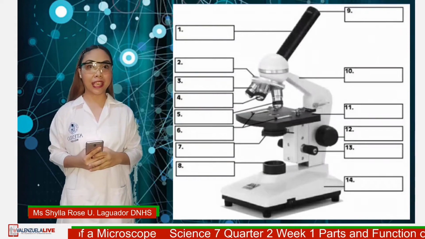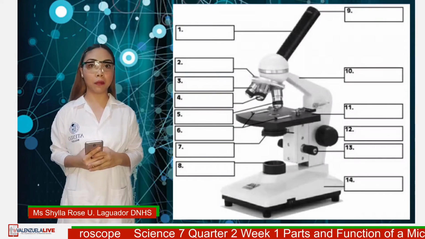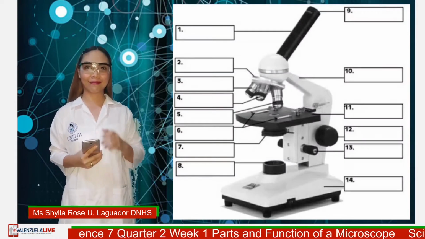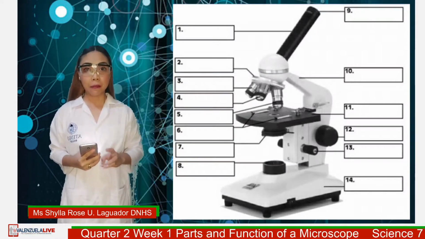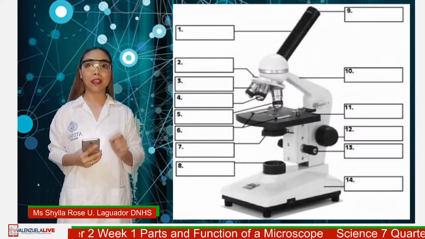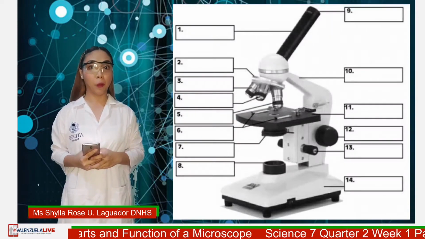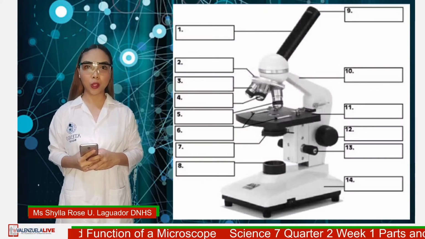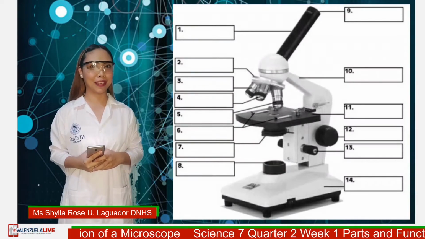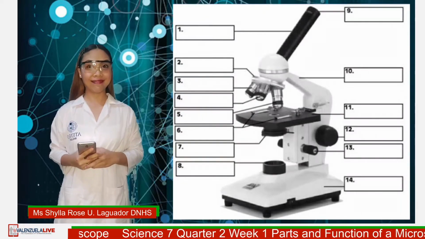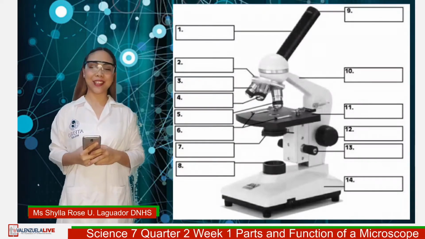I want you to study and label the parts of a microscope as shown in this particular illustration. Well, you simply have to look and examine the parts that are numbered. Once you know what part is being pointed or shown, I want you to encode your answer in the comment section. So, are you ready? Let's answer each item now.